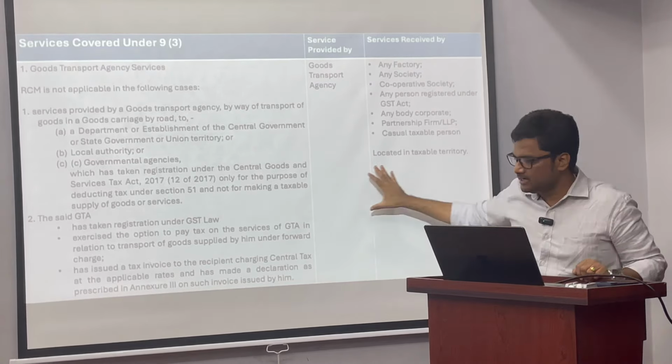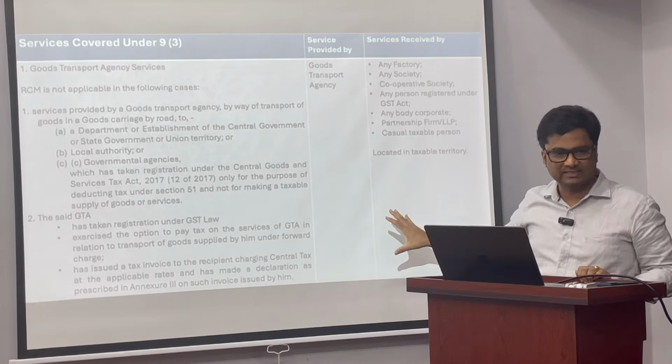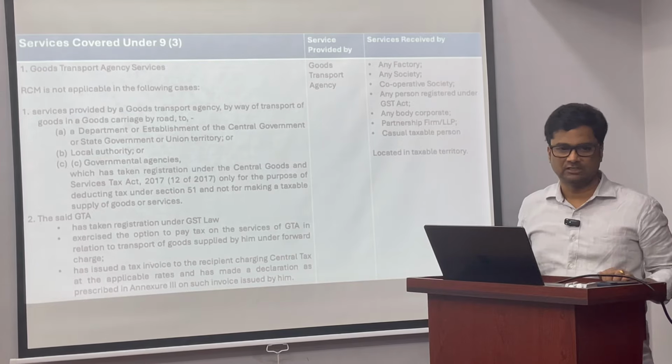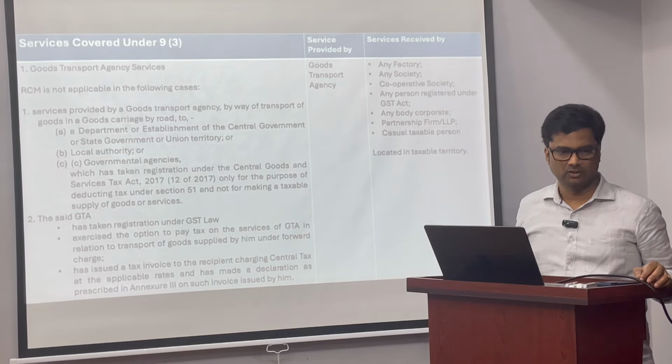Only if these three conditions are cumulatively satisfied, RCM will come into picture. Otherwise not. We'll go through.